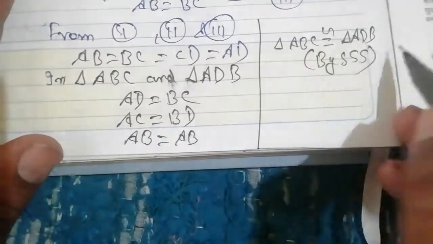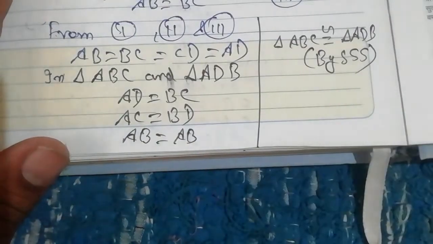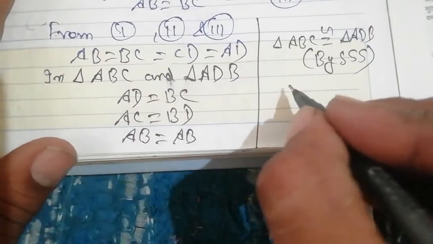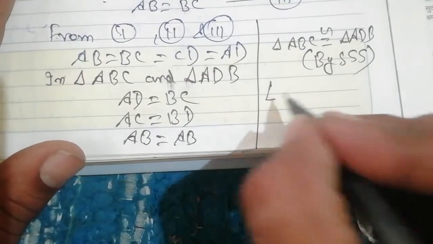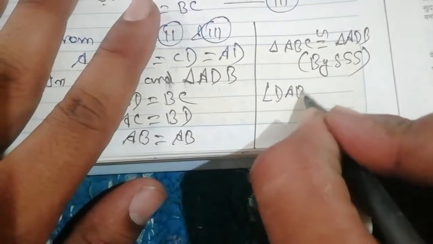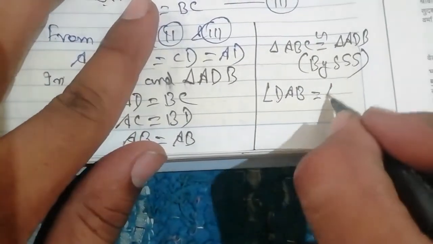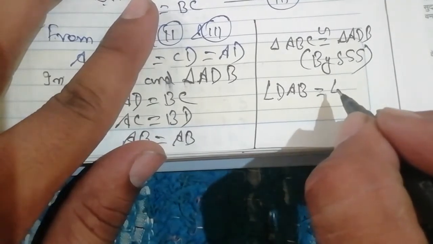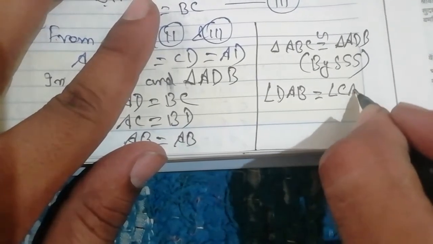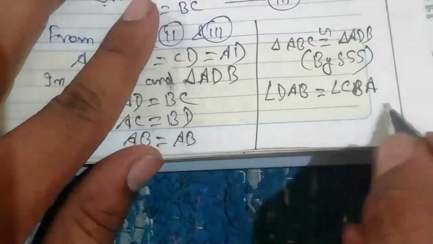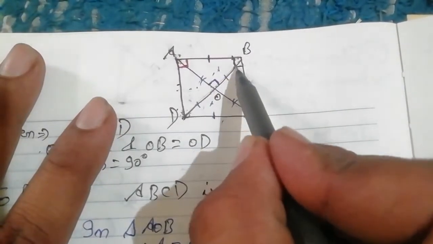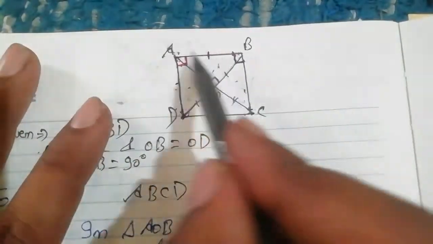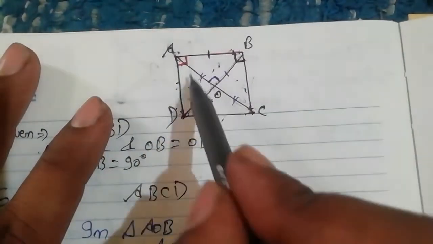Now if these two triangles are congruent, then we can say that angle DAB is equal to angle CBA. These two angles are equal, and they are on the same side of the transversal.